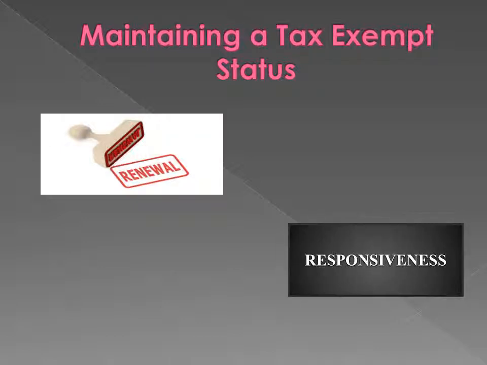And then there's also making sure that you have continued responsiveness. Again, you have to provide proof that you are continuing to meet the tax-exempt status, that you're engaging in charitable work, that you're making financial reports public, that you're not engaging in political activities, and that you, the board of directors and the volunteers, are not benefiting from the activities of the organization.